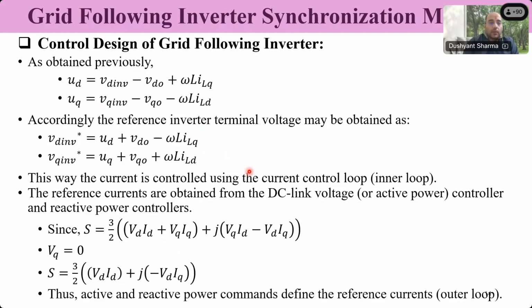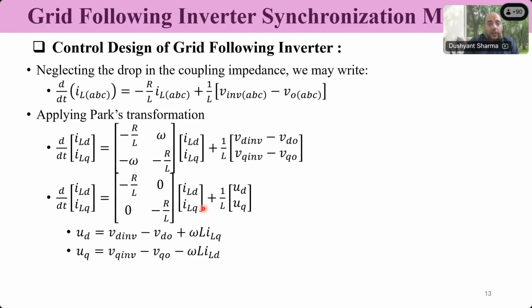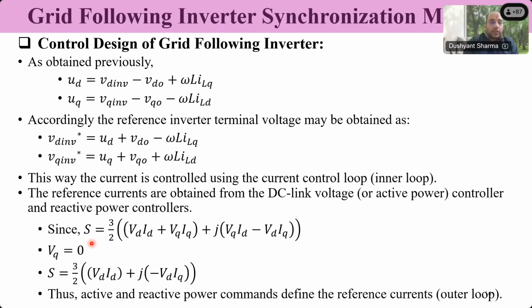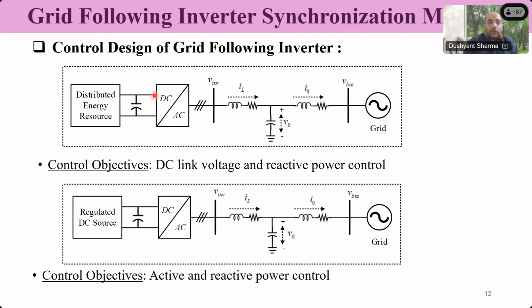Now, if we develop this algorithm and follow this equation, we find that we can develop a controller which has a variable UD coming from a PI controller. We'll not go into the details of the mathematics, but accordingly this controller can tell what the terminal voltage, V inverter, should be.